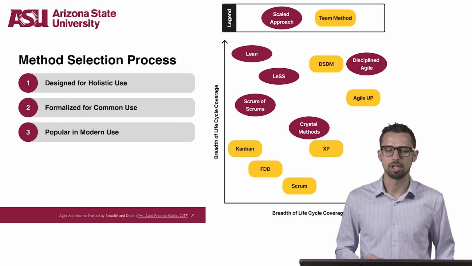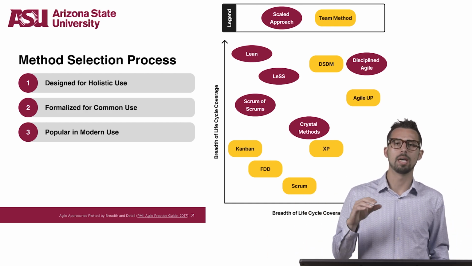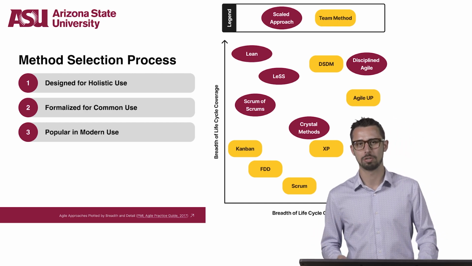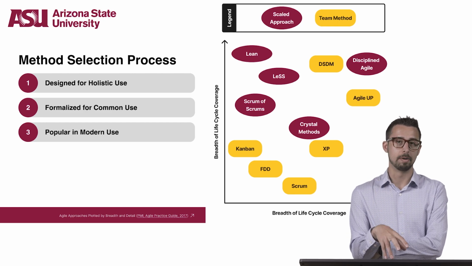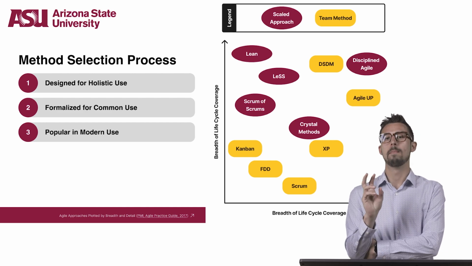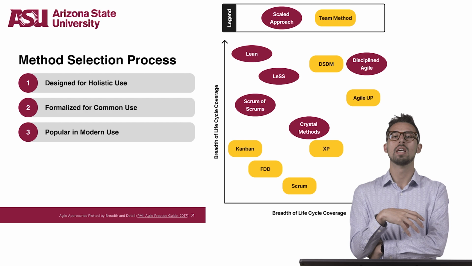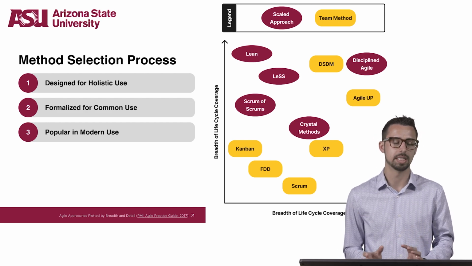Some Agile frameworks are holistically designed and well formalized, but are simply not commonly being used in most projects or organizations. So the Agile frameworks described in this module have been adapted or adopted by a significant number of industries and measured by a collection of industry surveys.